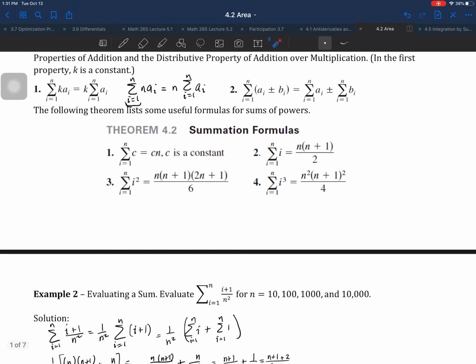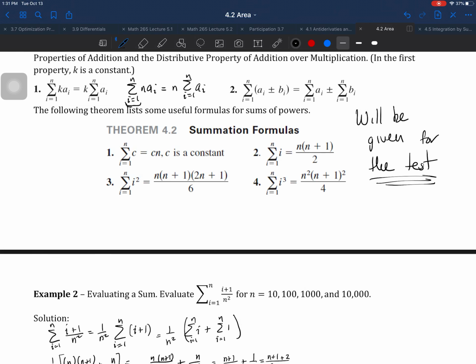But what we're going to be using a lot here are these 4 formulas. No need to memorize them. We'll give these formulas in the test. So I'll put a note here: these will be given for the test.